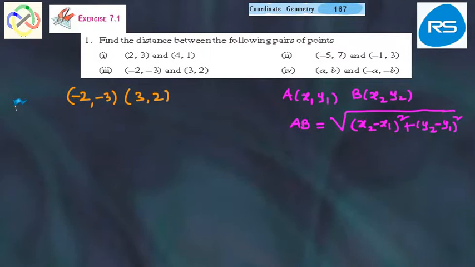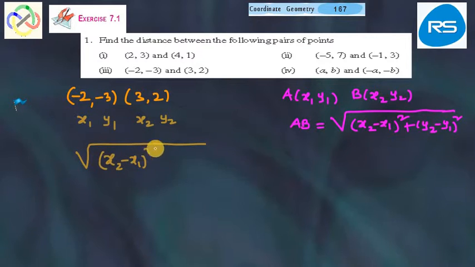Represent them with x1, y1 and x2, y2. What is the formula? Square root of x2 minus x1 whole square plus y2 minus y1 whole square. So all the values are substituted here.